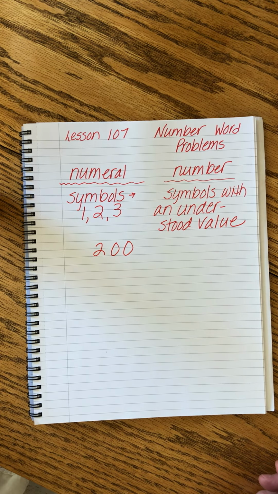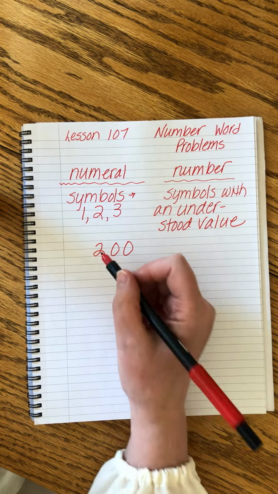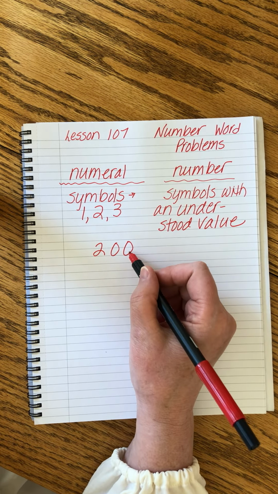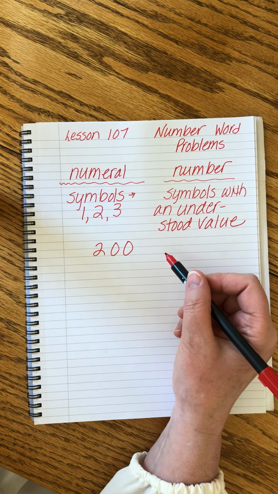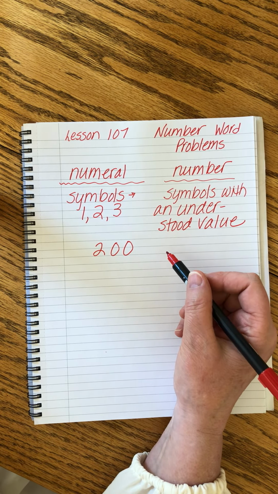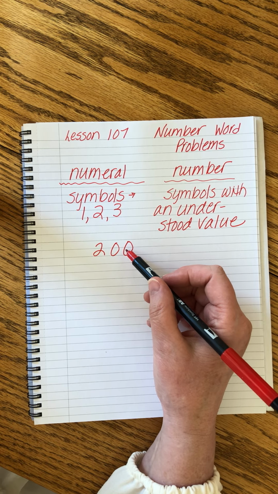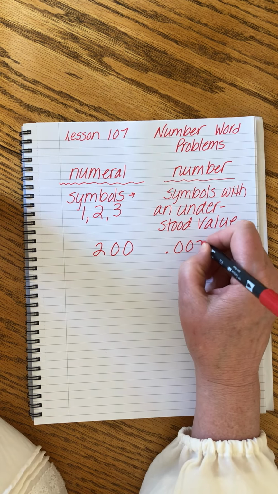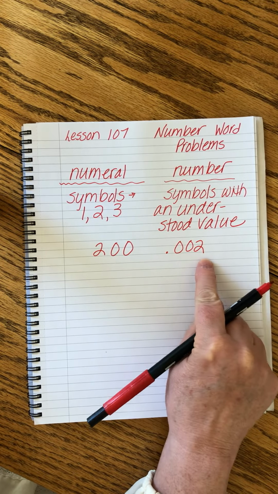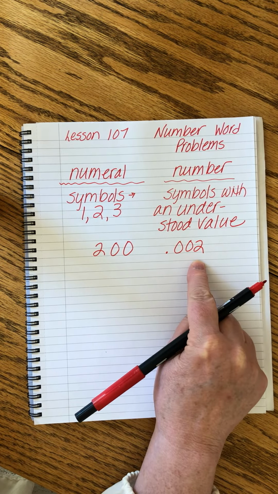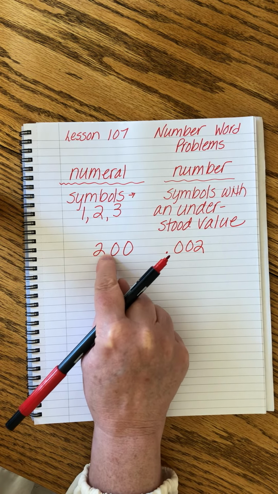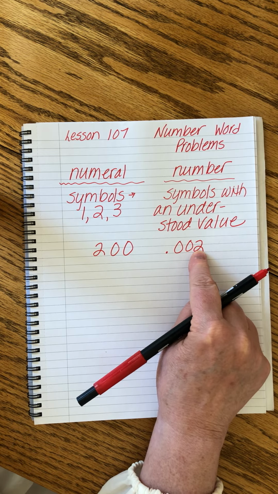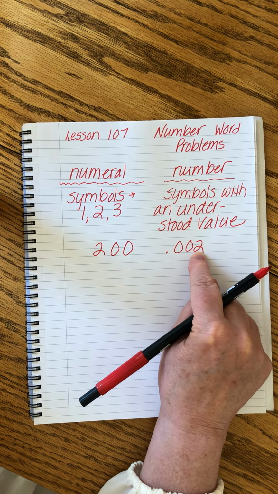When we write that, we are using two of the symbols, right? A 2 and then a 0 and a 0. Those are the symbols. But this has a very different understood value than that number, which uses the very same symbols, but this has a different understood value than this. These are the same numerals, but these are different numbers, right?